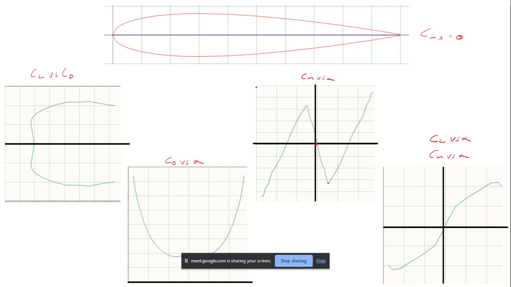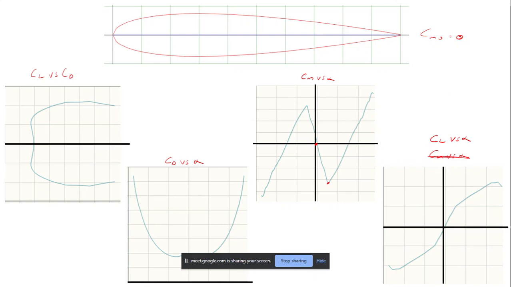So yes, this is the CM versus alpha curve. It's not this. This is the CL versus alpha. It's almost linear in that region. So now let's try justifying why this peak occurs, or why this reversal of the pitching moment at those points. Any idea? Just think about it.